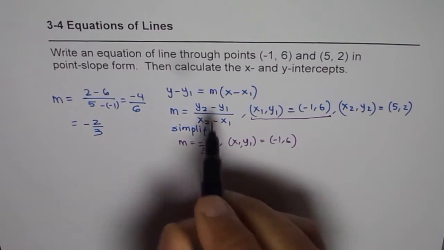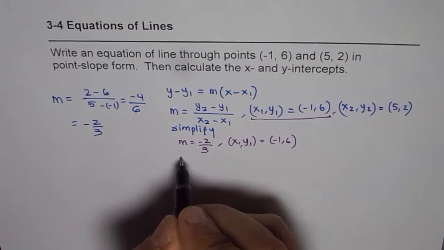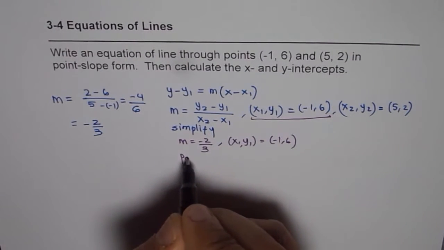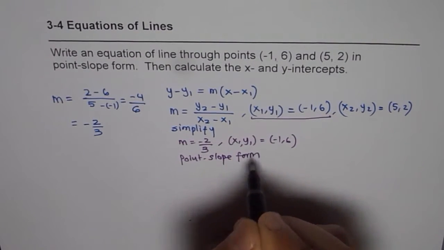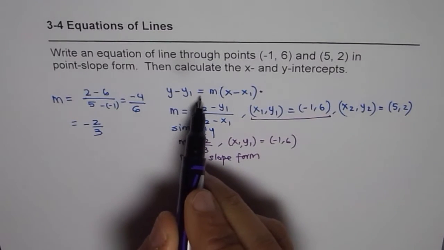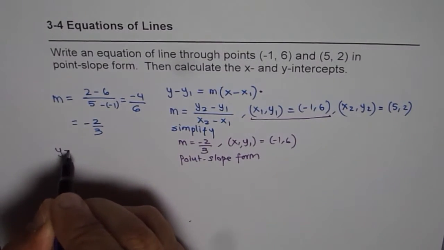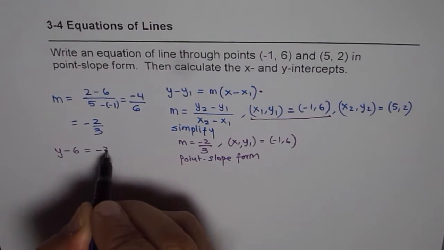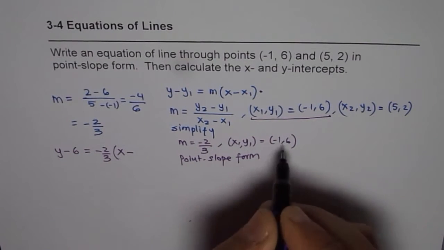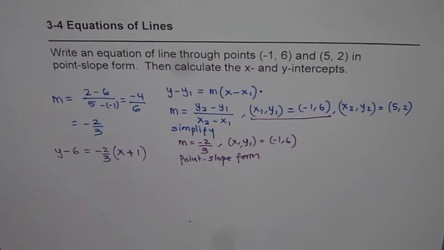Knowing that, we can write the equation in point slope form, which is y minus y1 equals m times x minus x1. Now in this case, y1 is 6 for us. So y minus 6 equals the slope -2 over 3 times x minus x1, which is -1. So it is plus 1.